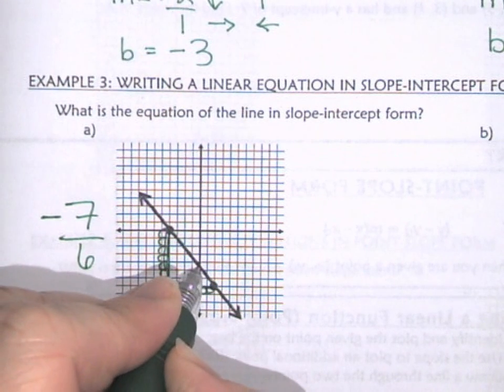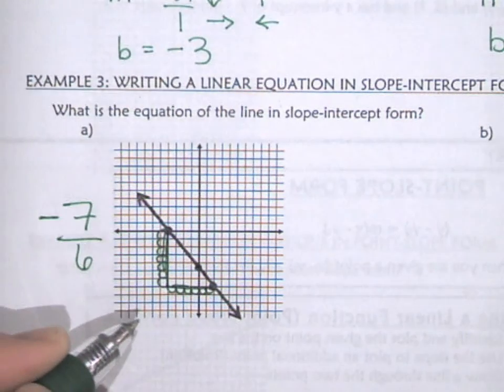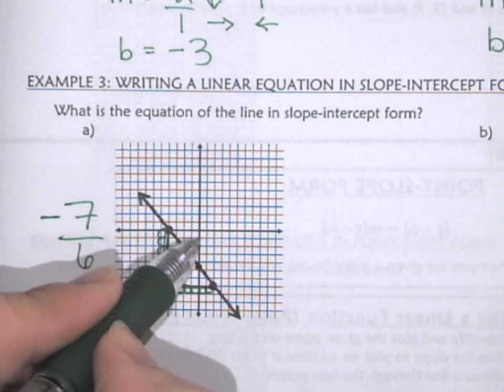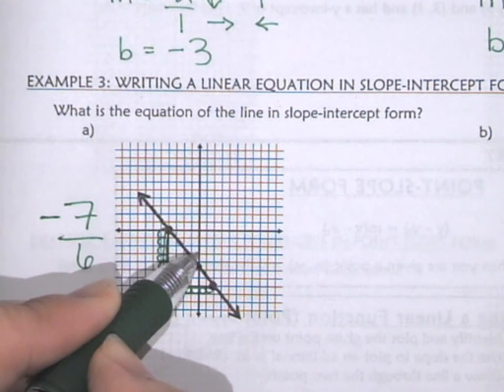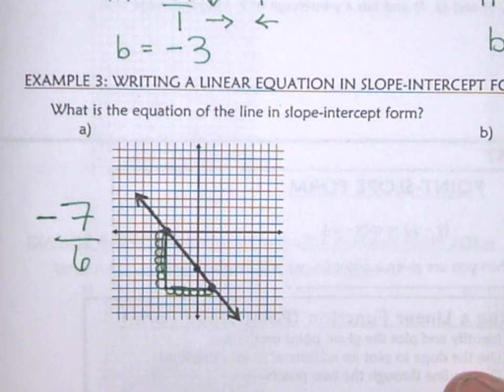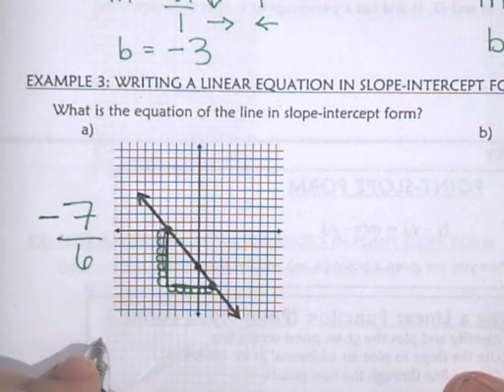And then our intercept is 1, 2, 3, 4 and a half, looks like.